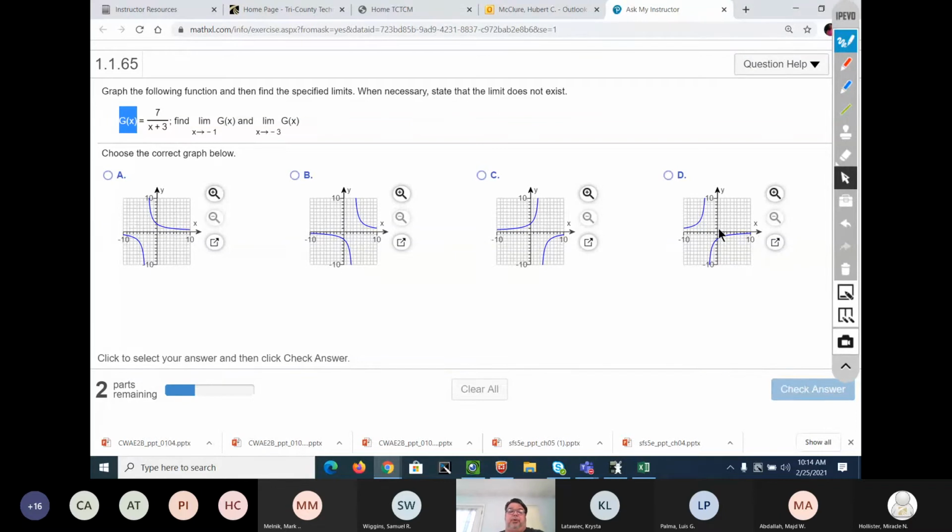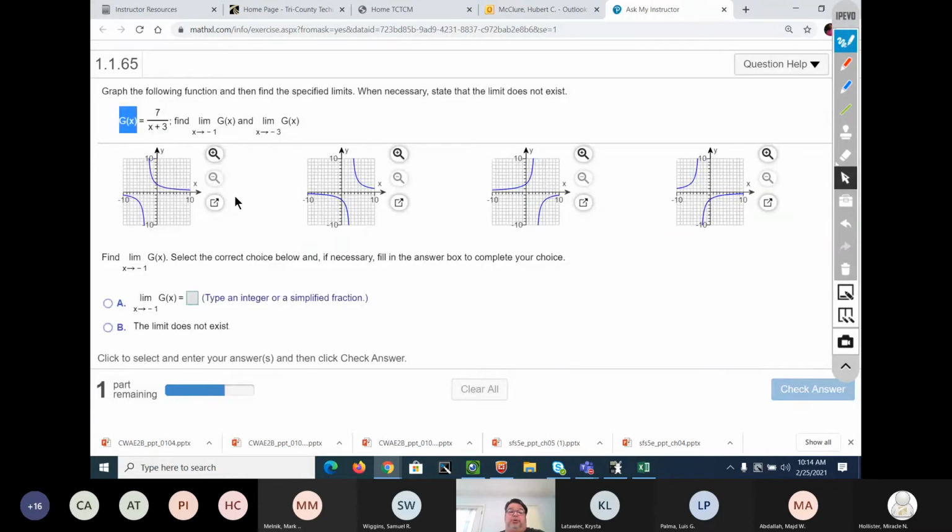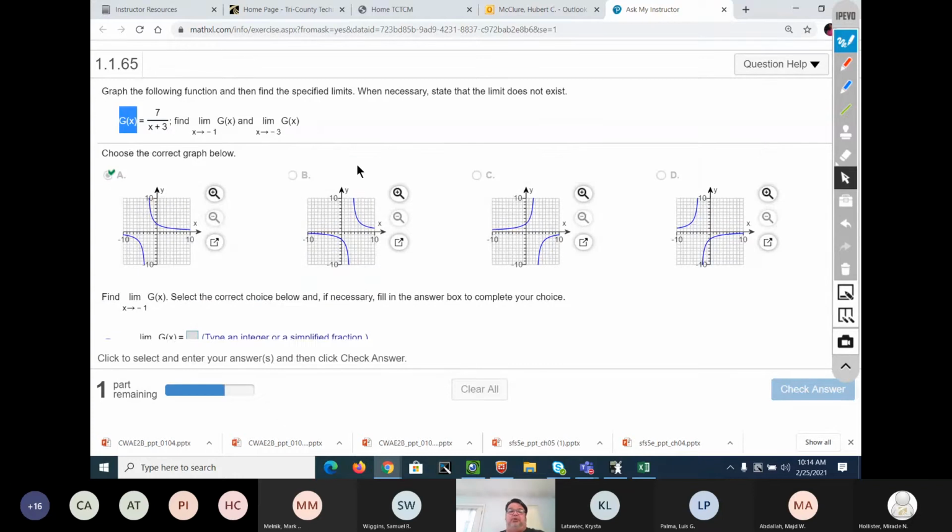Remember that the 1/x function looks like this. This is the inverse. So I think it's alpha. And I didn't even plot a point. I didn't even use a calculator. Should you be able to do that? Yes, because you know your parent graphs and you know the vertical and horizontal shifts.